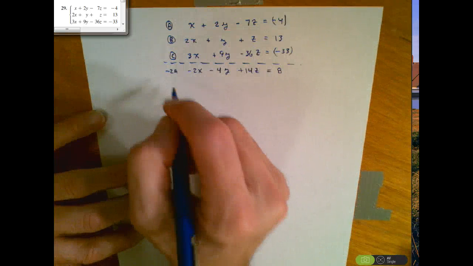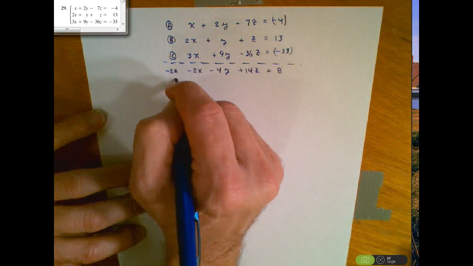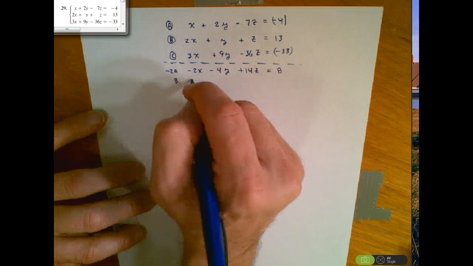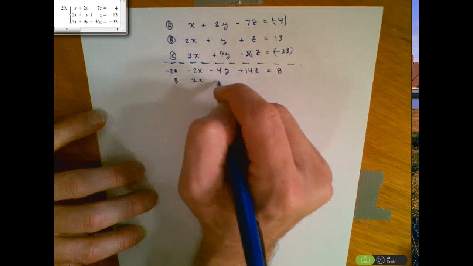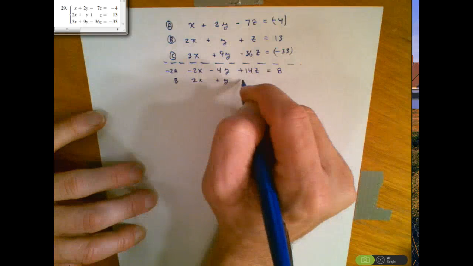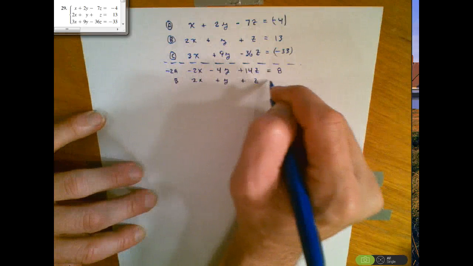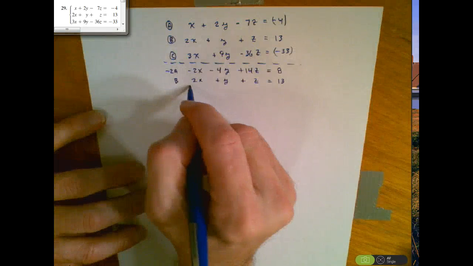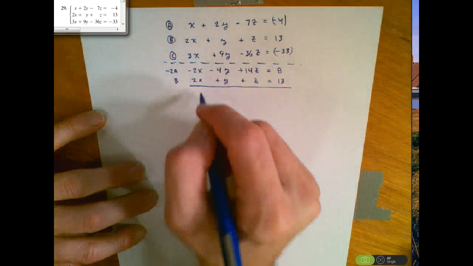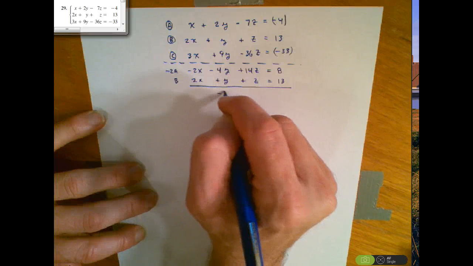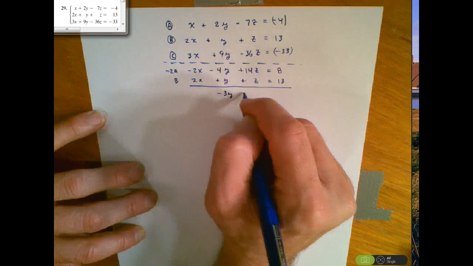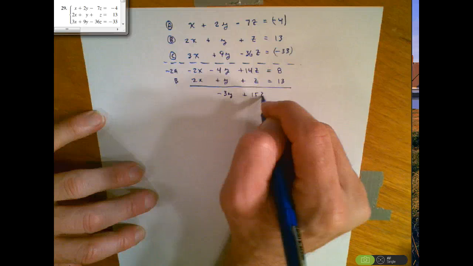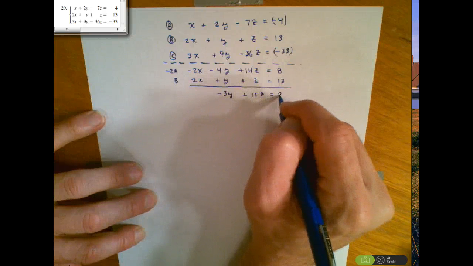I'm going to add that to equation B. And so I'm going to write equation B, and it's 2x plus y plus z is equal to 13. Adding these two equations together, I eliminate the x. I get -3y plus 15z is equal to 21.